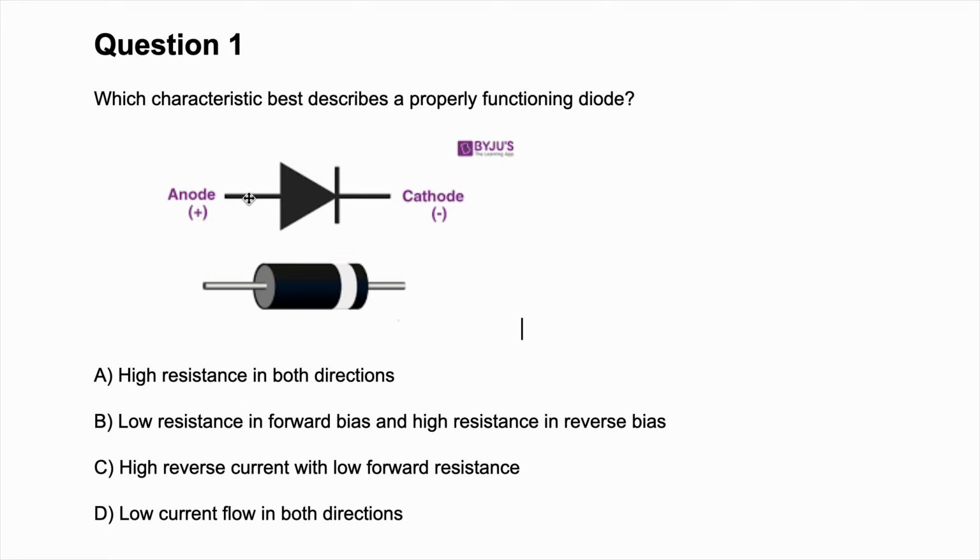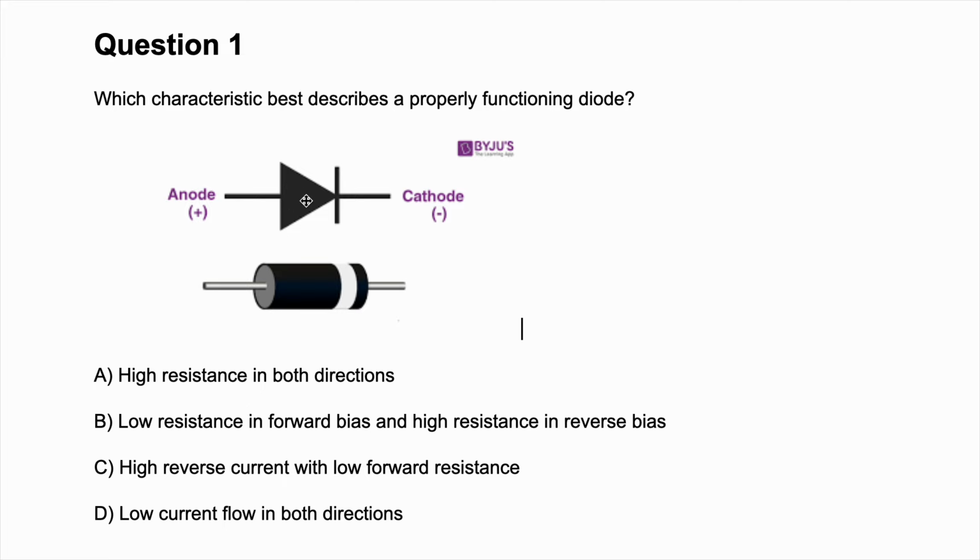It lets the current go one way, but prohibits the current from the other, reverse way. We have forward bias and reverse bias. For forward bias we have low resistance, but for reverse bias it is high resistance.